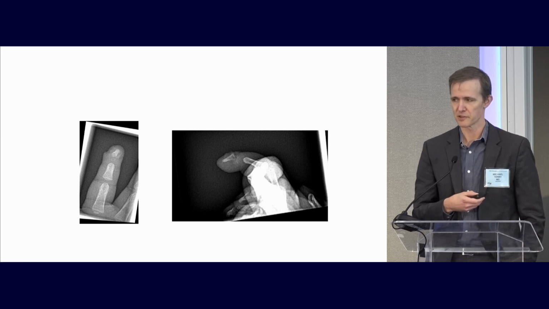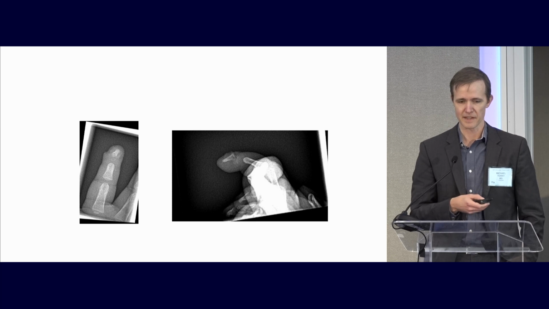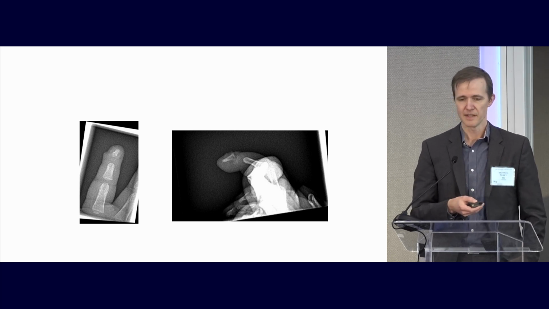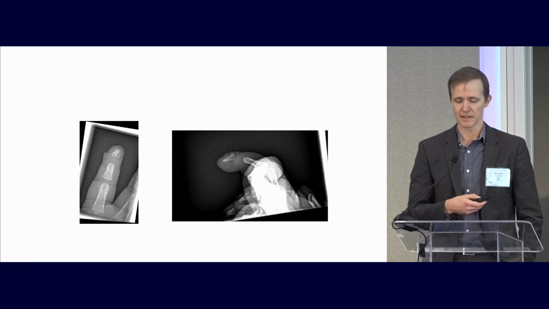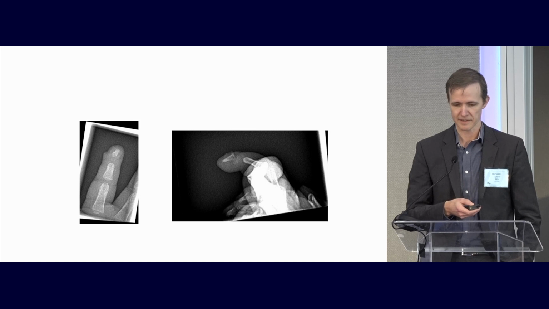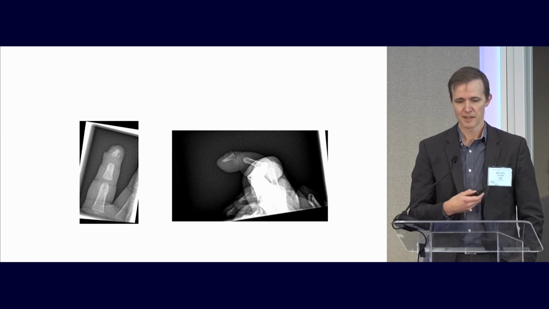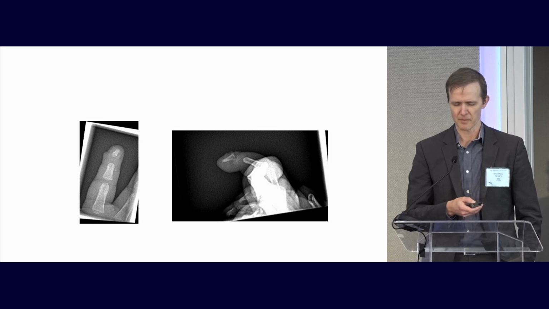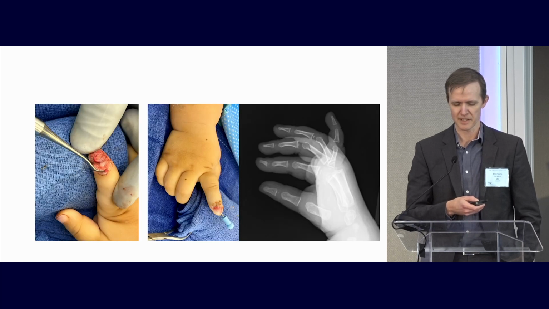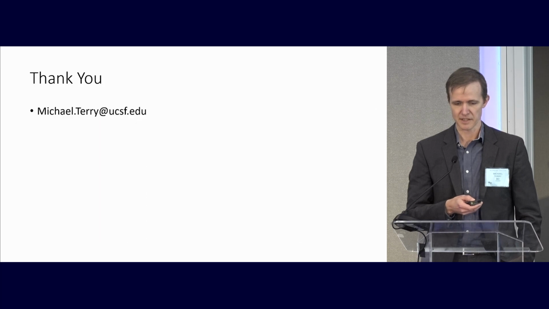So there's the risk of entrapment of soft tissues within the physis, and it's an open injury. If it's untreated, it has a high incidence of going on to osteomyelitis. Unfortunately, this particular patient was delayed. It was more than a week before they made it in to be treated. So we had to open it up and extract the soft tissues from within the physis, and then pin it, and the patient ended up doing well.